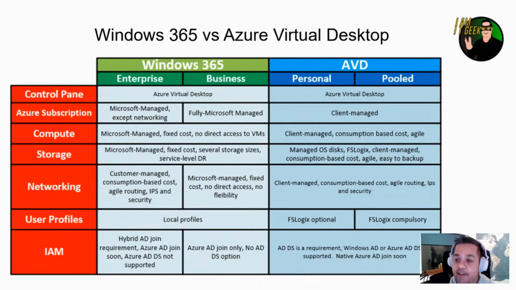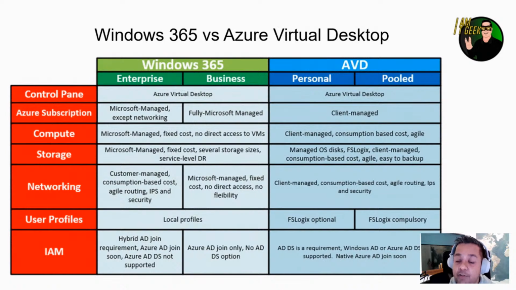If we look at Windows 365, we have the two variations I spoke about, enterprise and business. The control plane is Azure Virtual Desktop. Shock, horror, who would have thought? It's the same for AVD. It's based on Azure. The same backend services that manage AVD manage Windows 365.